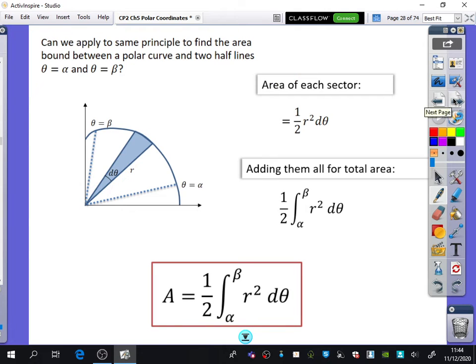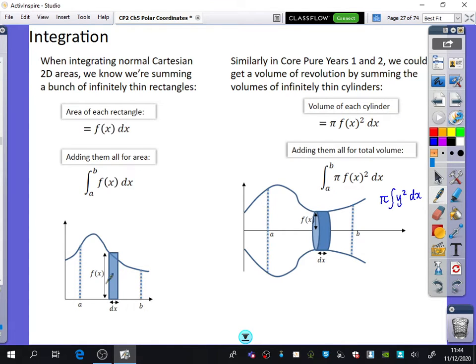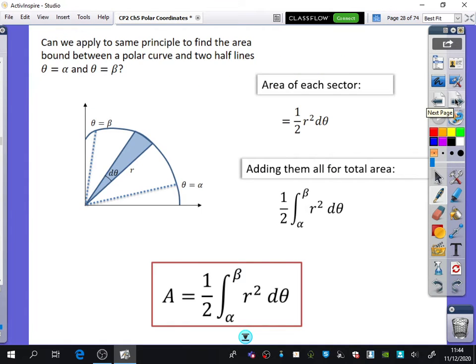So can we apply the same principle to find the area bound between a polar curve and two half lines, theta equals alpha and theta equals beta? Well, go back to what we've got here. This one was about rectangles, this one was about cylinders, going across the x-axis. This is going to be different because we don't have an x-axis anymore.